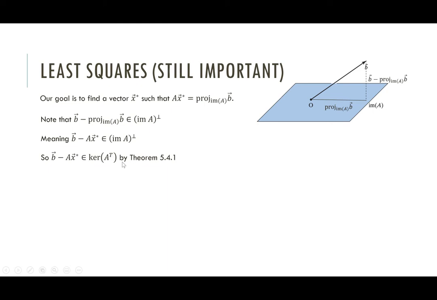And what does it mean to be in the kernel? Well, it means that A transpose of the vector B minus AX star is going to be 0. All right, let's distribute and rearrange. This means that A transpose B is equal to A transpose A times X star.